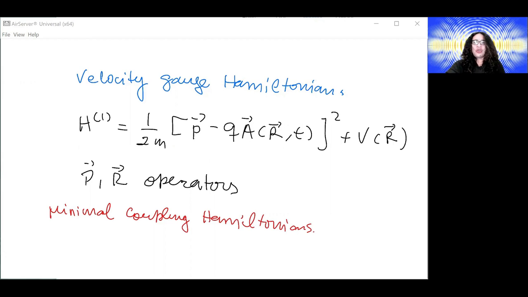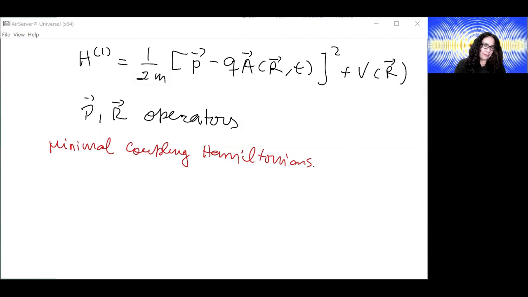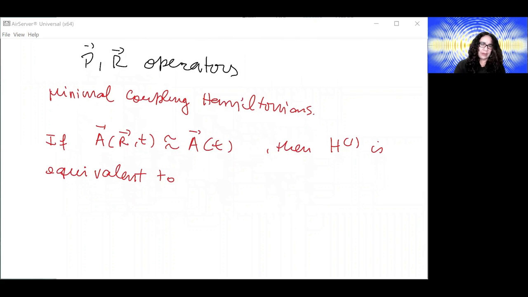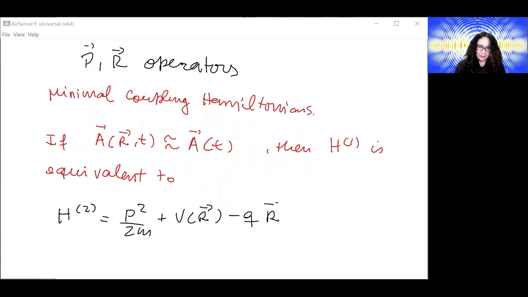But for our purposes, we want to show that if A(r,t) can be approximated by A(t), then H1 is equivalent to H2, which is P squared over 2m plus V(r) minus q r dot E(t), where E(t) is minus dA/dt.